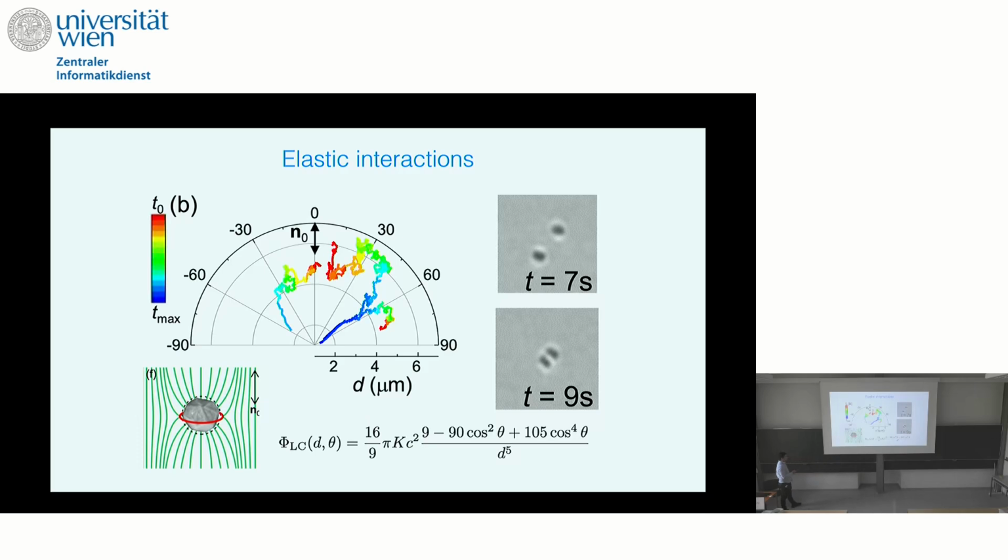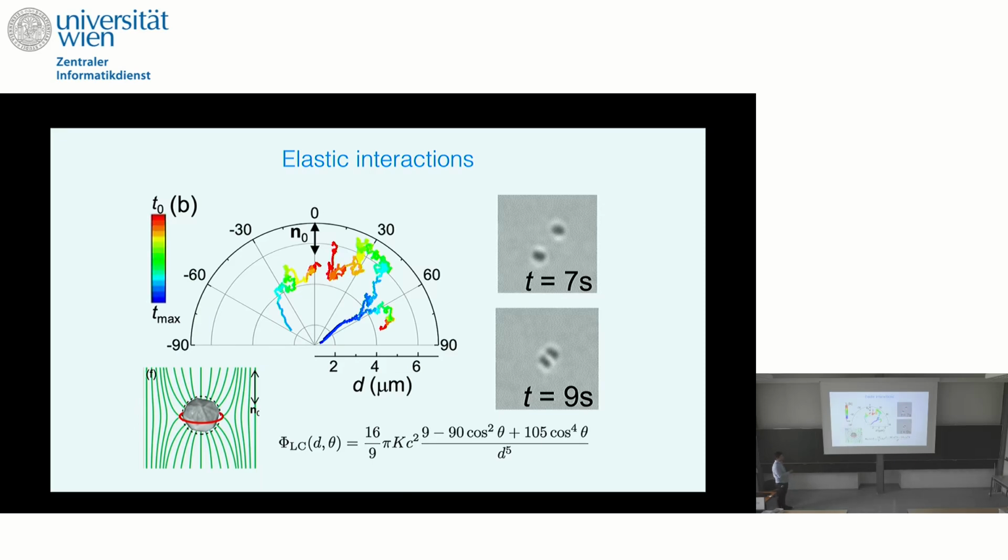So first of all, as I mentioned before, liquid crystals can behave elastically depending on the deformation modes. So what you see here is a particle that is immersed in a liquid crystal. These green lines denote the average orientation of the liquid crystal, and the particle is treated in such a way that the average alignment of the liquid crystal molecules is perpendicular to the surface.